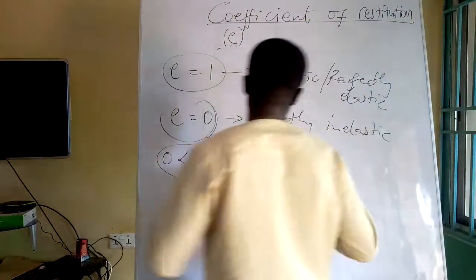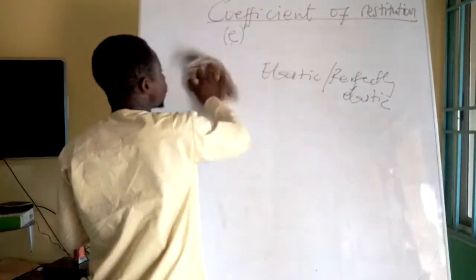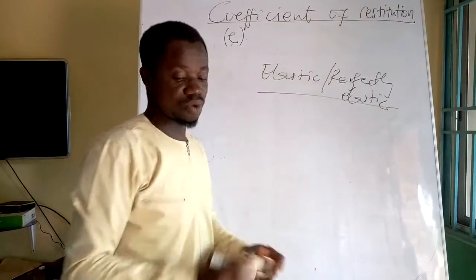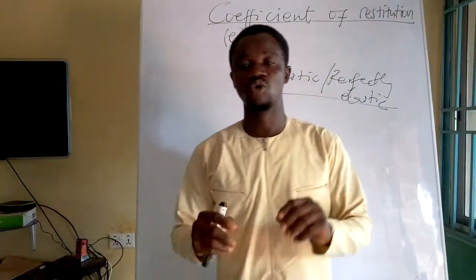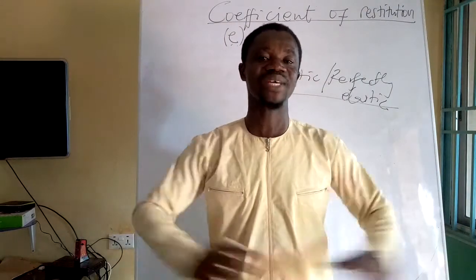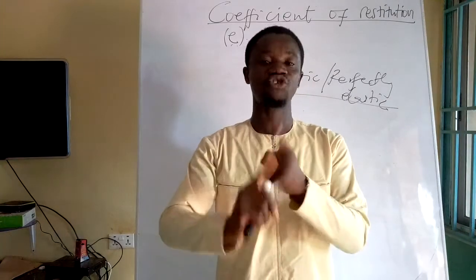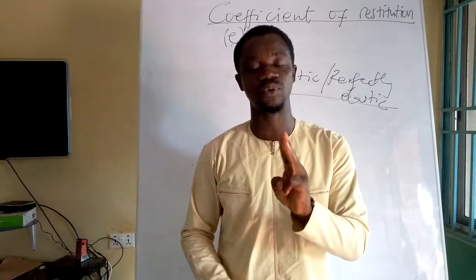Let's look at them one by one. Elastic collision. We also call it perfectly elastic collision. Now, collision is said to be elastic when the colliding parties separate immediately after collision. In that case, momentum is conserved, kinetic energy is conserved, time spent on collision is negligible.